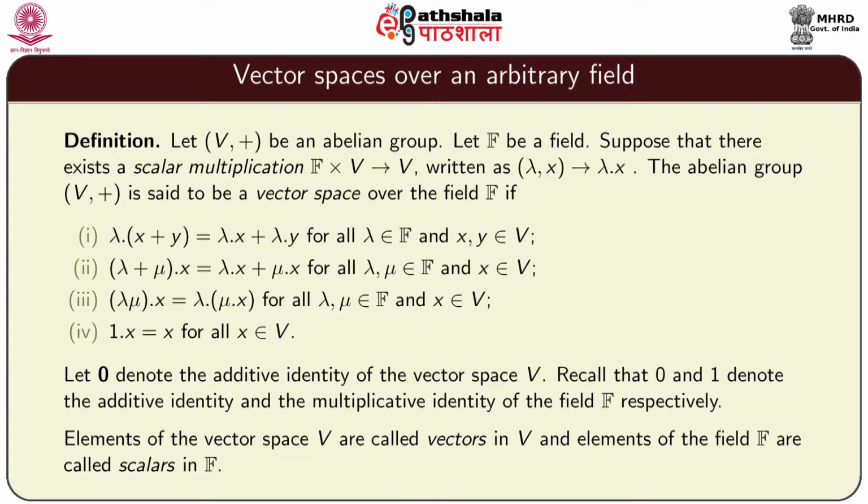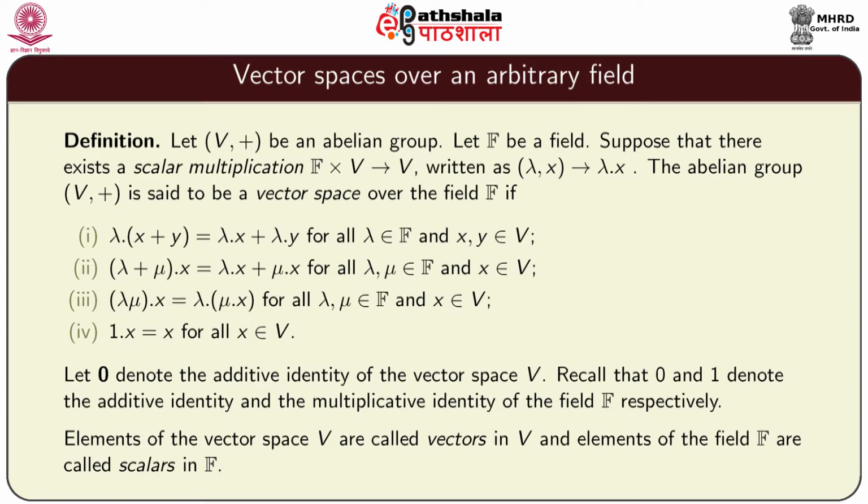Now, the basic thing that we require to define the vector space structure is a scalar multiplication, so called, which is a map from F cross V to V, and this is the usual notation: the tuple (lambda, x) goes to lambda dot x.